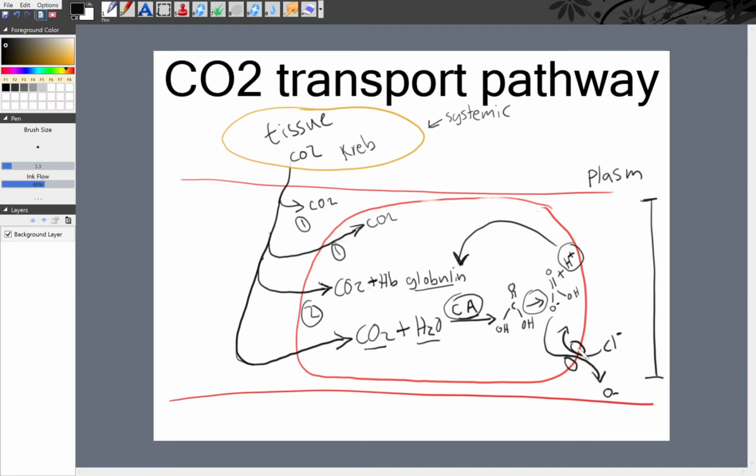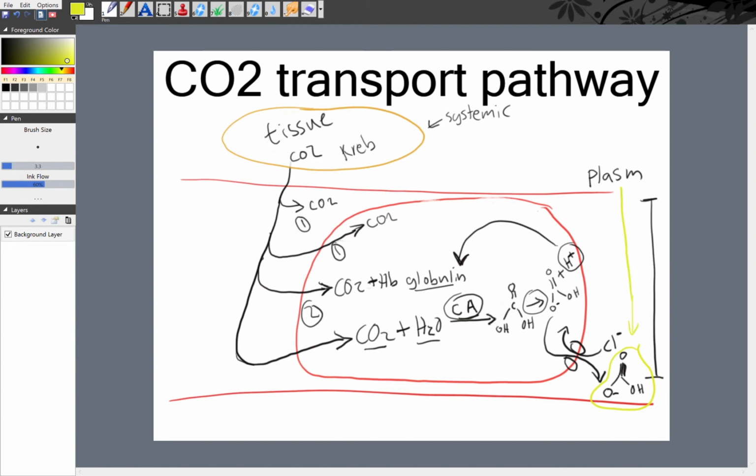So carbonic acid cannot be transported outside of the cell, but bicarbonate can be. And this is the vast majority of plasma carbon dioxide. It's going to be this guy right here, bicarbonate, and that's going to hang out in the plasma.